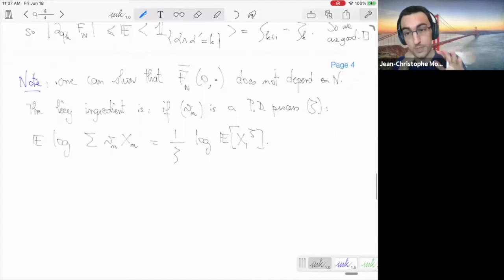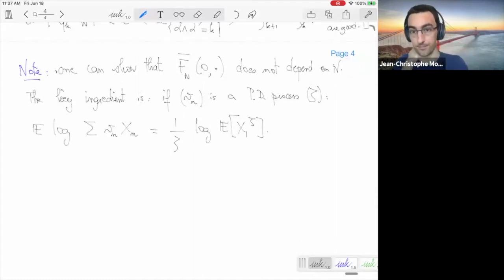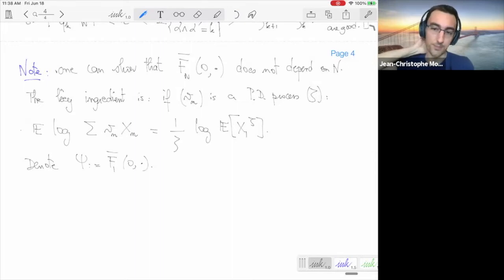Okay, so in some sense, the initial condition can be sorted out. So let's say denote psi, fn bar of f1 bar of 0 dot. And perhaps, yeah, I'm going to clarify this question in the chat just now.